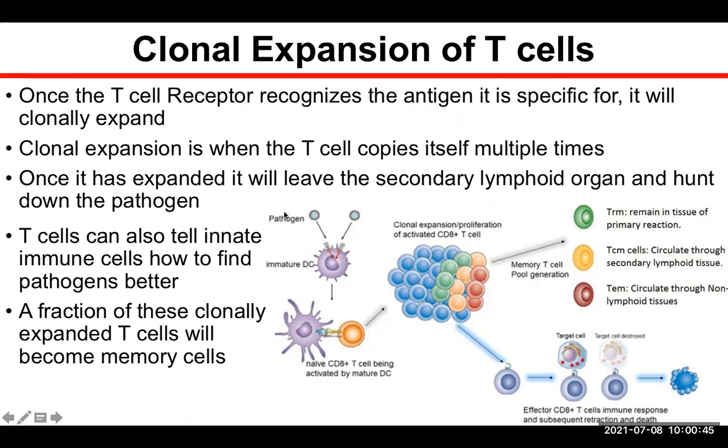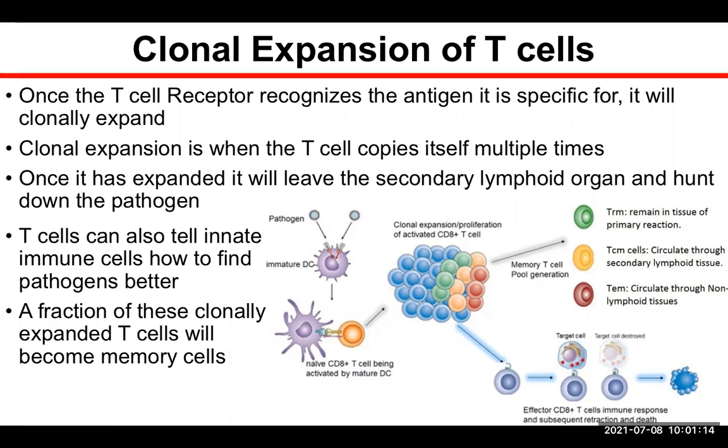So they're going to go to the site of infection and kill off any cells that are infected to prevent further replication of whatever pathogen is present. It's also important to understand that the T cells aren't just killing, they're also going to be telling, and this is the CD4s, are going to tell the innate immune cell, get better at eating the pathogen. And I'll go ahead and talk about that in a second when we're covering B cells.